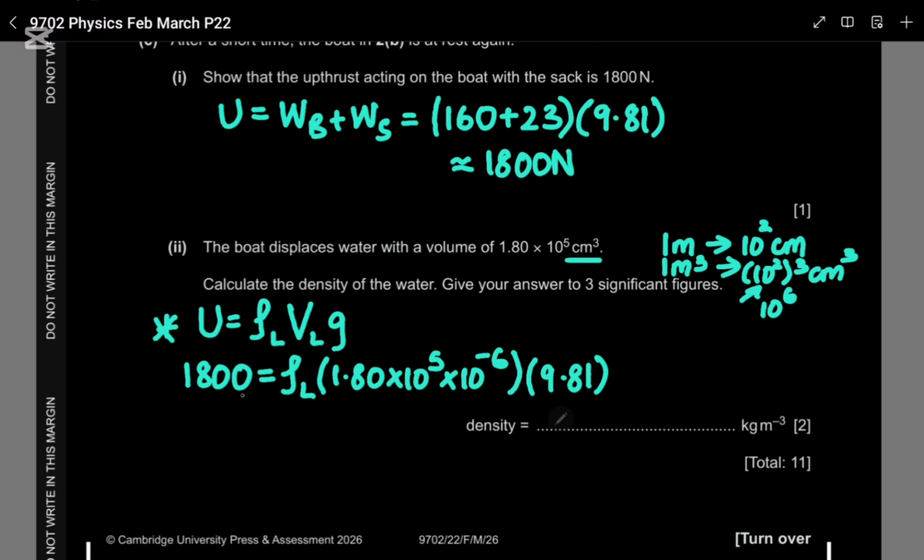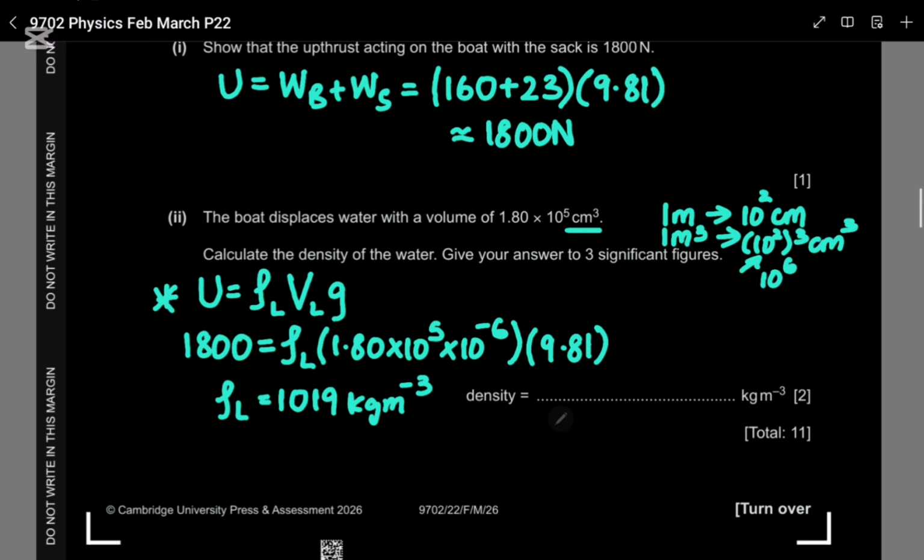So anyways, from here, rho of liquid is going to be 1800 over 1.80 times 10 to the power of minus 1, times 9.81. This gives me an answer of 1019 kilogram per meter cube.